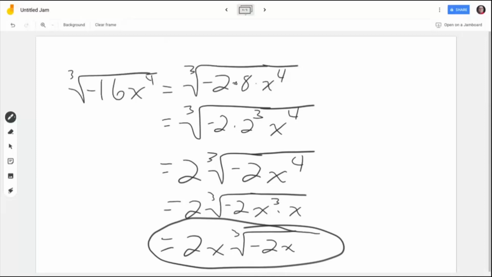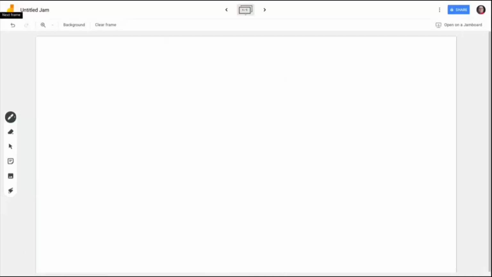And let's look at one more. And so we have the fourth root of 16x to the fifth over 81. Now what's neat about roots is that you can actually distribute them across division and multiplication.